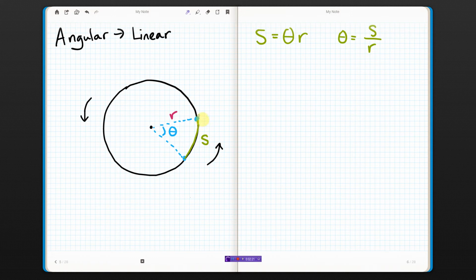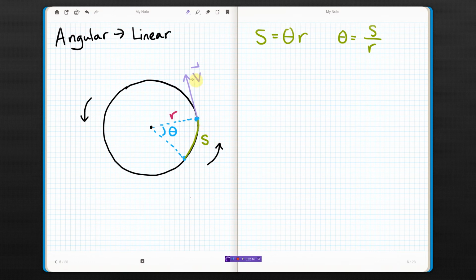That line was always changing direction, so the velocity's direction was always changing, but at any given point, say this point right here, the velocity was tangent to the circle. Remember, to make a tangent, the radius and the line should be perpendicular. I'm a little off, sorry, but just pretend.